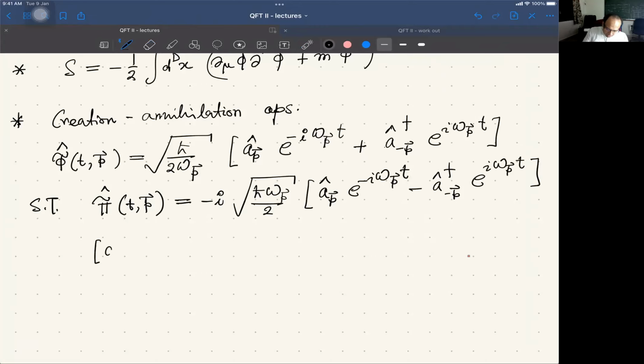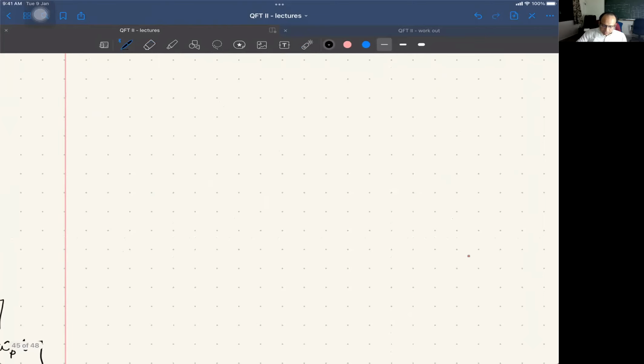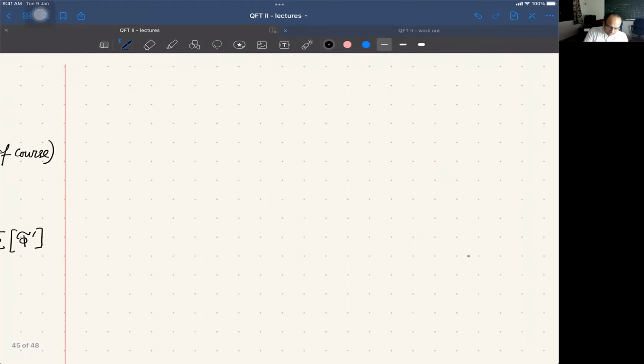And [a_p, a_q†] is equal to δ(p minus q). Okay. Then the vacuum state is a_p acting on the vacuum equal to 0 for all p.